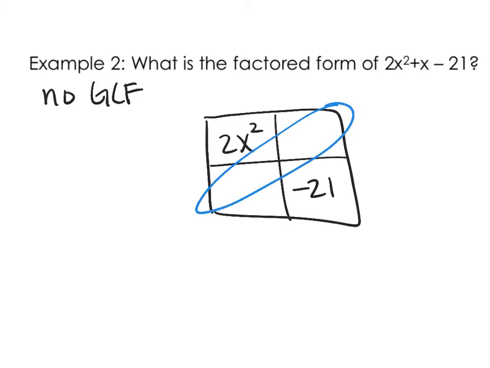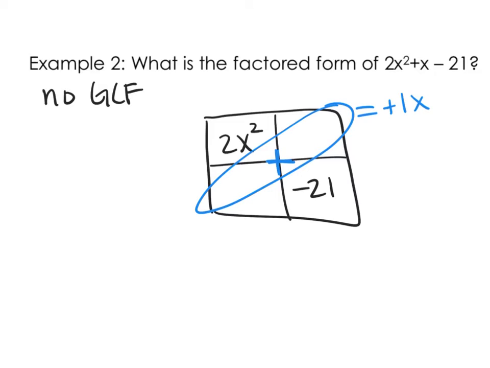And those diagonals are adding to be a positive 1x. So just like we've done in the past, we are going to have to do the same process. But we really need to keep in mind that we are multiplying to be a 2x squared. So that's going to have a play on what is putting into these two boxes on the diagonals.